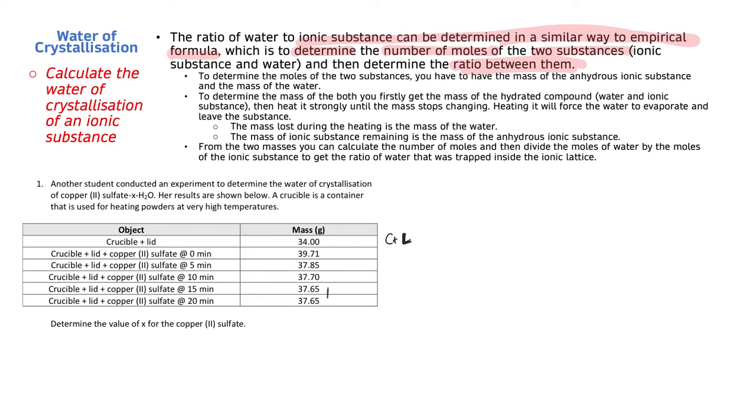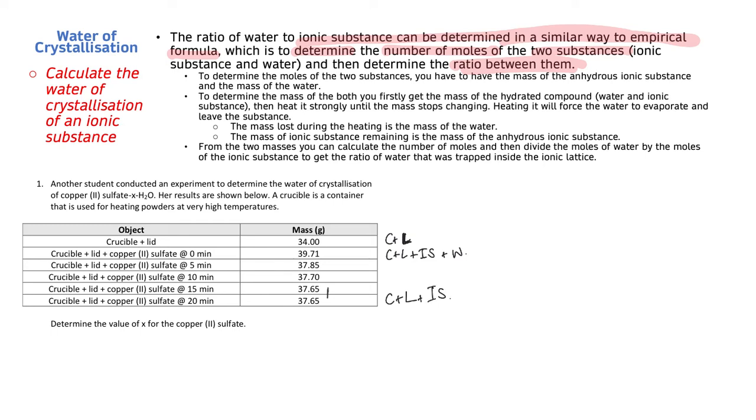Then you've got the crucible, lid and the copper sulfate at 0 minutes, which means that you've got the crucible, lid, the ionic substance, the copper sulfate, and the water. Because it's a hydrated compound, you've got both of them there. As you heat it over time, the water is going to be removed from the system. If you get rid of the water from the system, what's left is effectively the crucible, the lid, and the ionic substance.